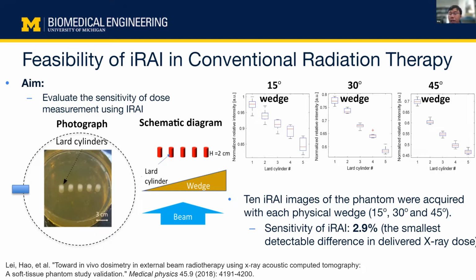Based on the calculation, a sensitivity of about 2.9% was achieved using current data, which is lower than the clinically acceptable 3% variation. It demonstrates that iRAI for dosimetry has its clinical value, so that we can use it to detect the radiation dose delivery.